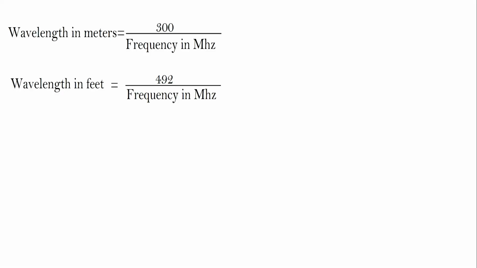Here's a formula, where wavelength in meters equals 300 over frequency in megahertz, or wavelength in feet equals 492 over frequency in megahertz.